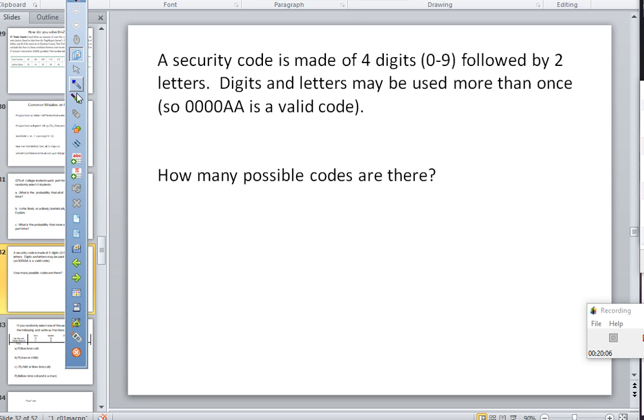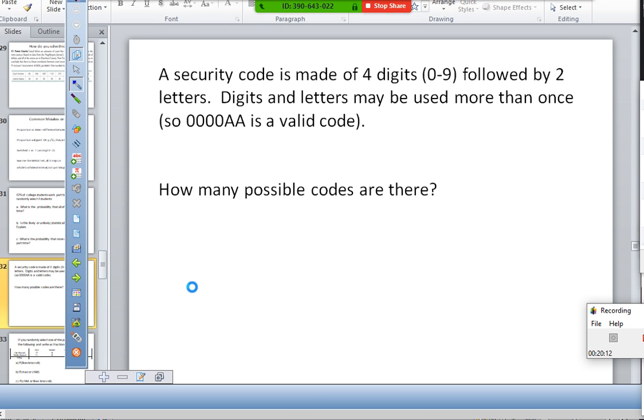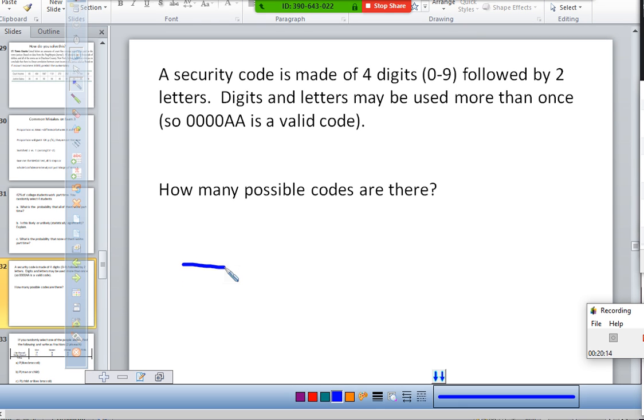That's this one here. We're making 6 decisions: 1, 2, 3, 4, 5, 6. For the first decision, how many choices do I have? Choosing a digit, 10.